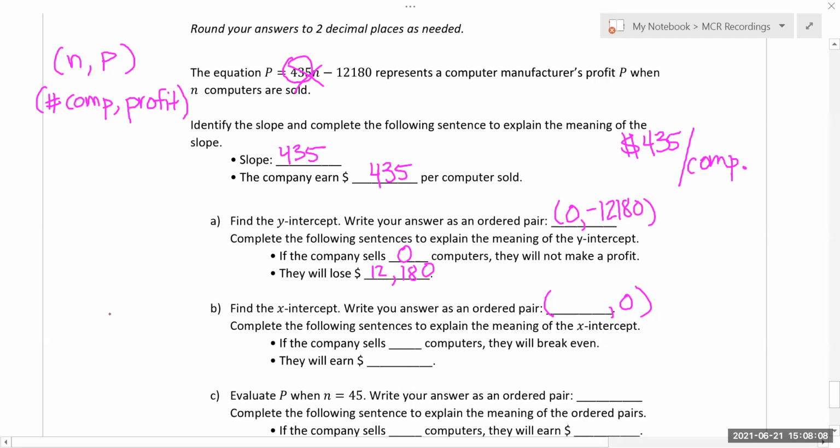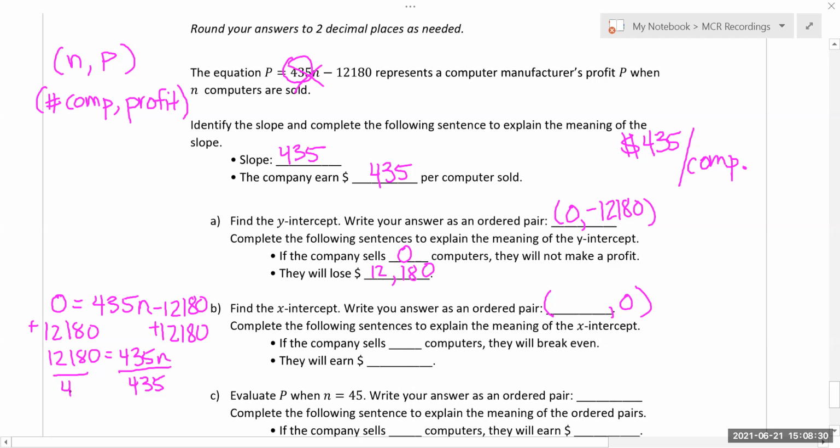To find the x-intercept, that's the break-even point. So we're going to put in 0 for P. And then we're going to solve for N. So that ends up giving me the value of 28.